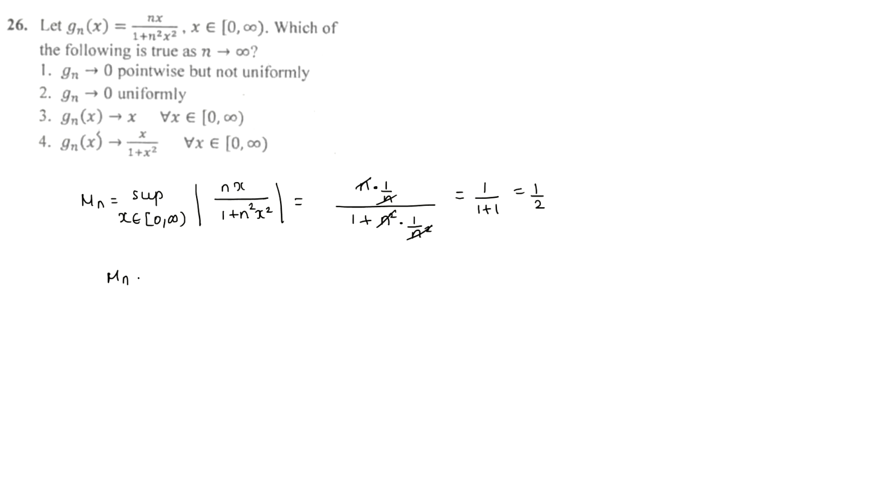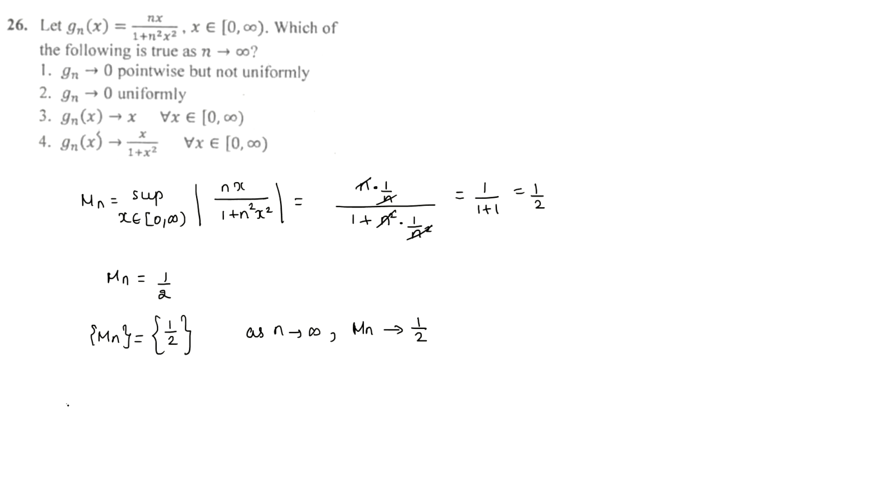So we are having mn equal to 1 by 2. So basically the sequence mn is a constant sequence half. Now as n tends to infinity, clearly mn tends to 1 by 2.